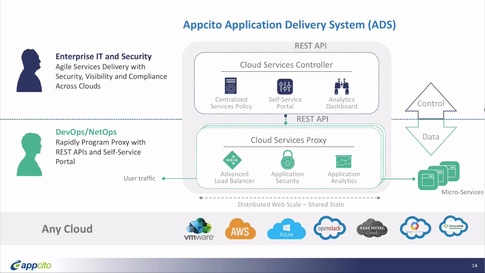So whether they're introducing agile services, whether they're introducing security components, whether they're introducing a single dashboard, they want to have that consistency of policy. And what we've provided them is this cloud services controller that allows you to centrally configure policies. You can actually integrate this cloud services controller using the REST API with other portals or other tools that you may have to define policies.